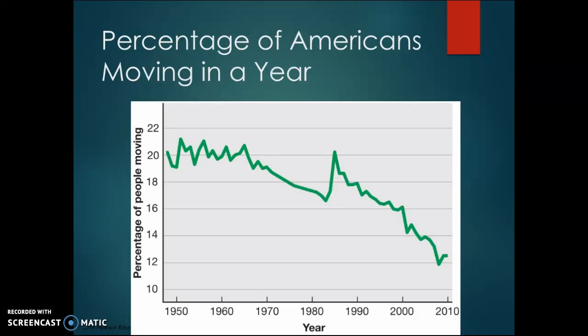This is going to be the last slide, and this is a pretty quick screencast here. Just the idea of the percent of people moving. You see from about 1950, just before that, until about 1987, you have a lot of people moving. But once we get into the late 80s, people are staying where they are.